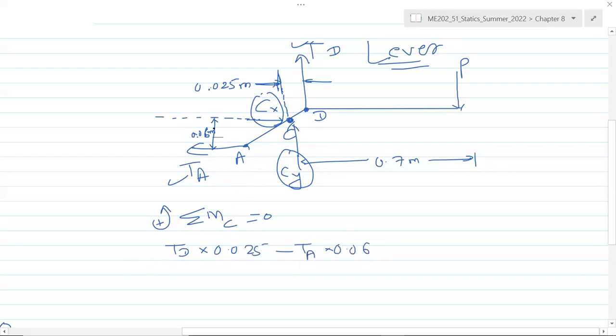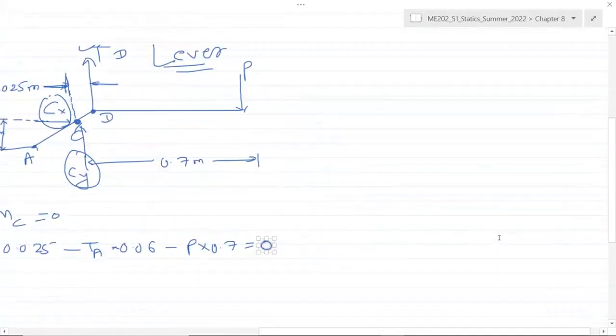That's clockwise, that's why negative, and P is also clockwise. So the moment of P about C is clockwise as well. So it's negative P times 0.7 is equal to 0. Let's look at it. Yes, that's correct.